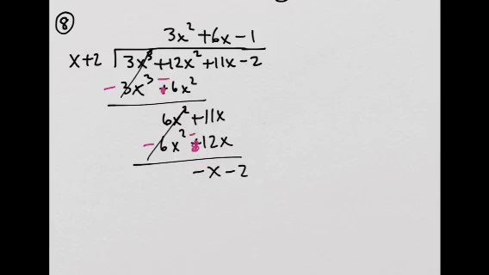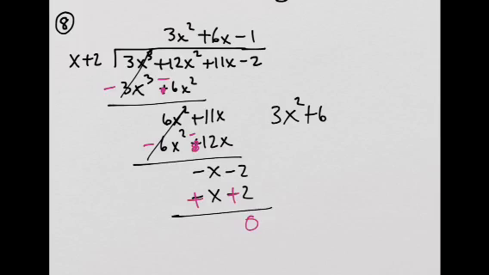And so you multiply negative 1 times x plus 2, so that gives you negative x minus 2. We subtract by adding the opposite, and that gives me 0, remainder 0. So the answer is 3x squared. So here's another problem where we got remainder 0, and what that tells us is that both this and this are factors of this polynomial.